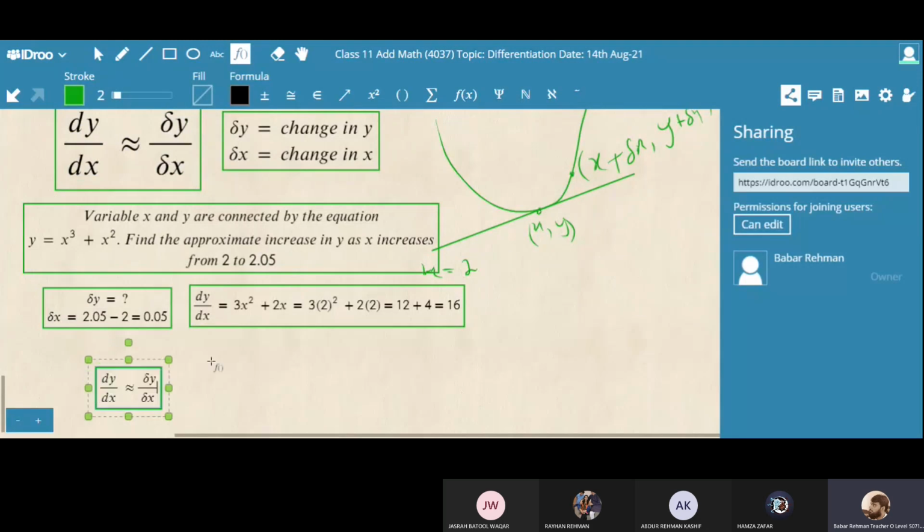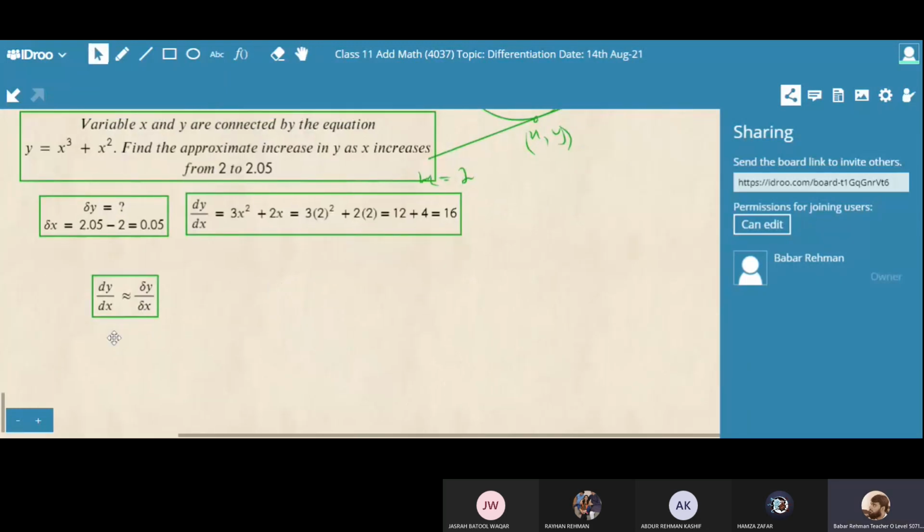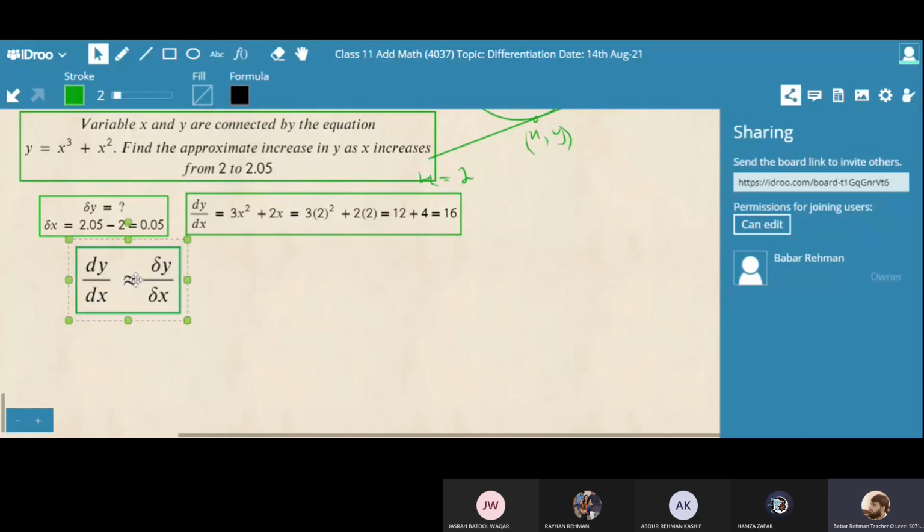Now I'm using this formula, and I will input the values and find out. Now tell me what is dy. dy by dx is 16.